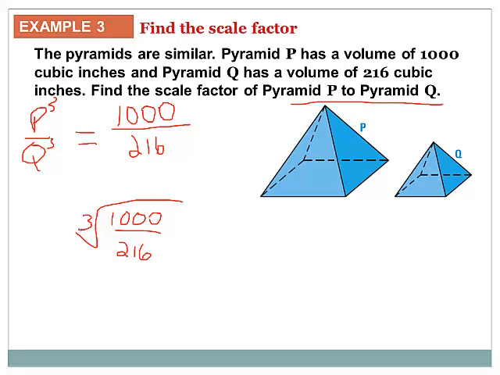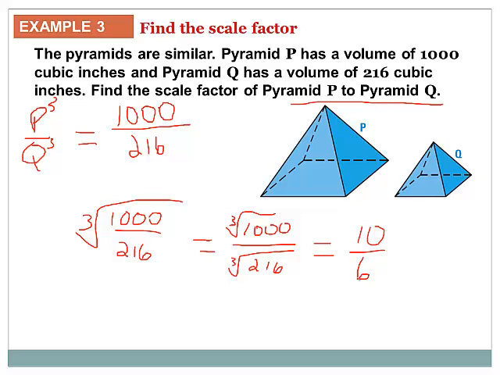I showed you guys how to put this into your calculator. You distribute the cube root to the top, and I'd also distribute the cube root to the bottom. These two numbers are perfect cubes, which means they come out to be whole numbers. So you get 10 on the top and 6 on the bottom. At this point, you could stop.